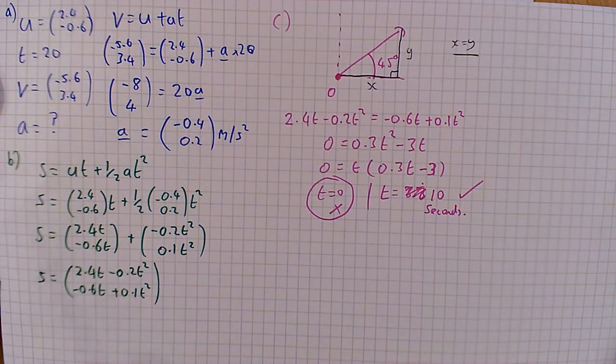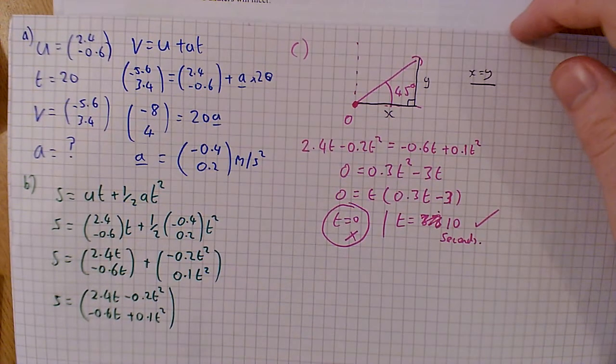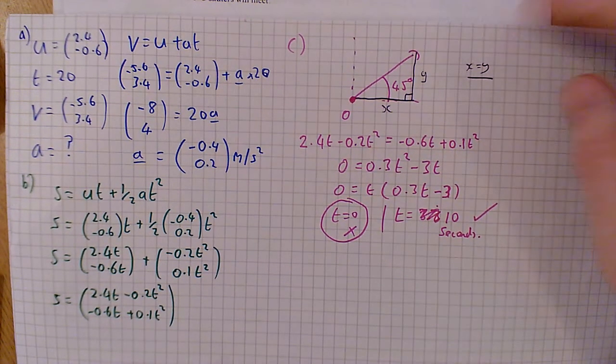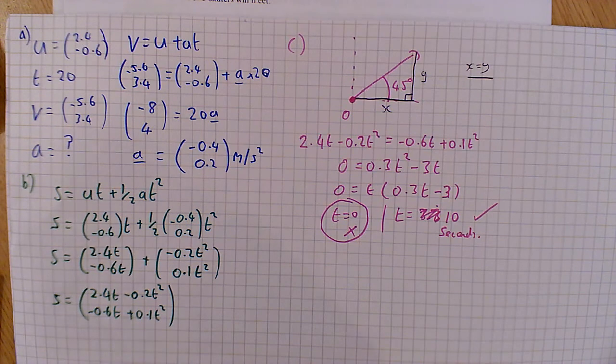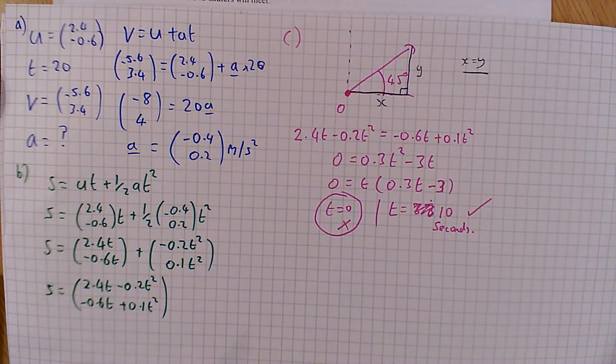The final part of the question asks us about a second skater, and it gives us her position vector, which is 1.1t minus 6j, relative to O at time t. So the first thing to notice about her is she has no i component at all in part D. So what we're going to do is take them and see if they're equal.